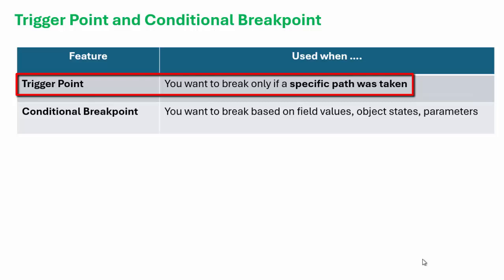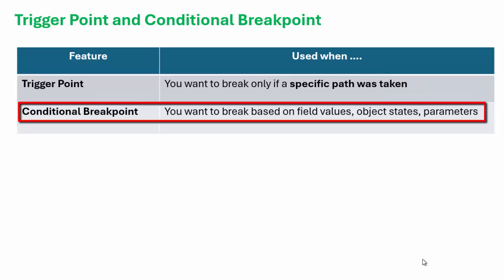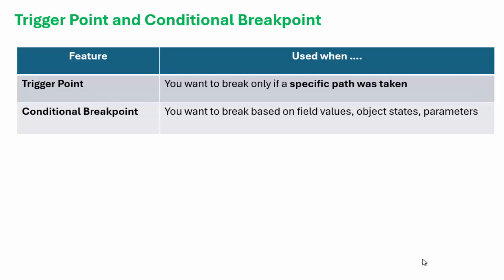So trigger point is a scenario where you want to break only if a specific path was taken, a specific flow was taken. But in case of conditional breakpoint, we want to break or pause based on the field values, the object states, the parameters and all. It's not about the path. So that is the subtle difference between conditional breakpoint and trigger point. Both of them are very powerful, but scenario wise, application wise, they're different.